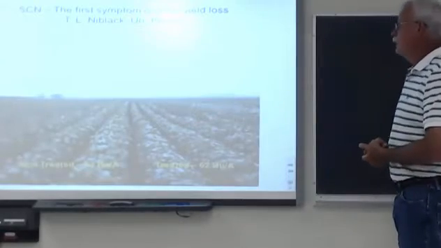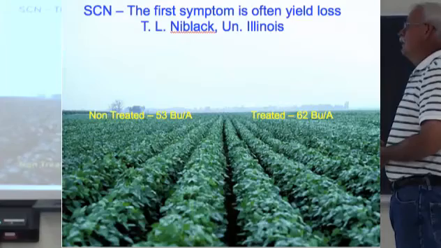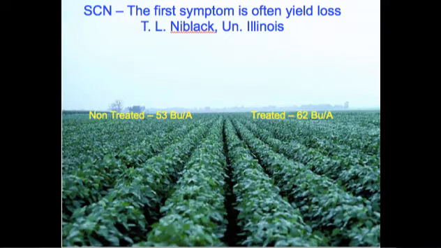One interesting and difficult component of the cyst nematode is the absence of diagnostic symptoms during early stages and minor levels of infestation. However, you can still be experiencing yield loss.